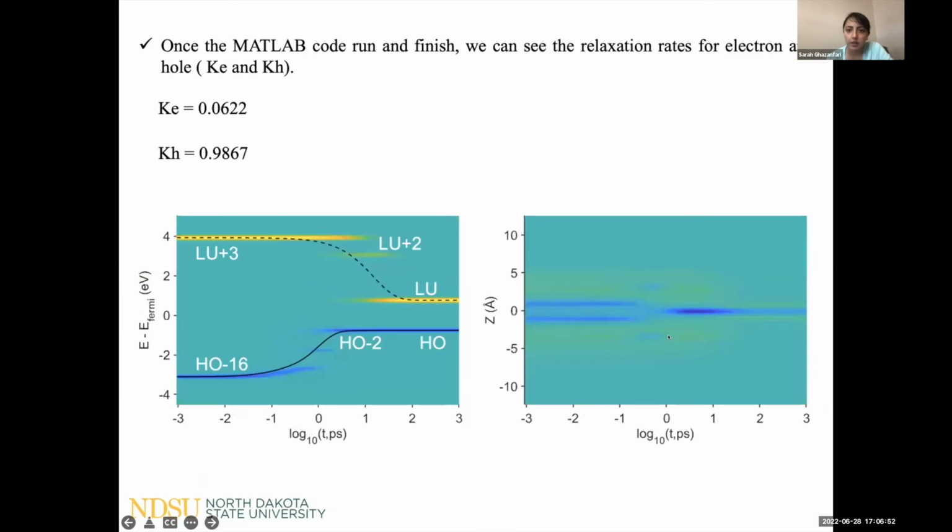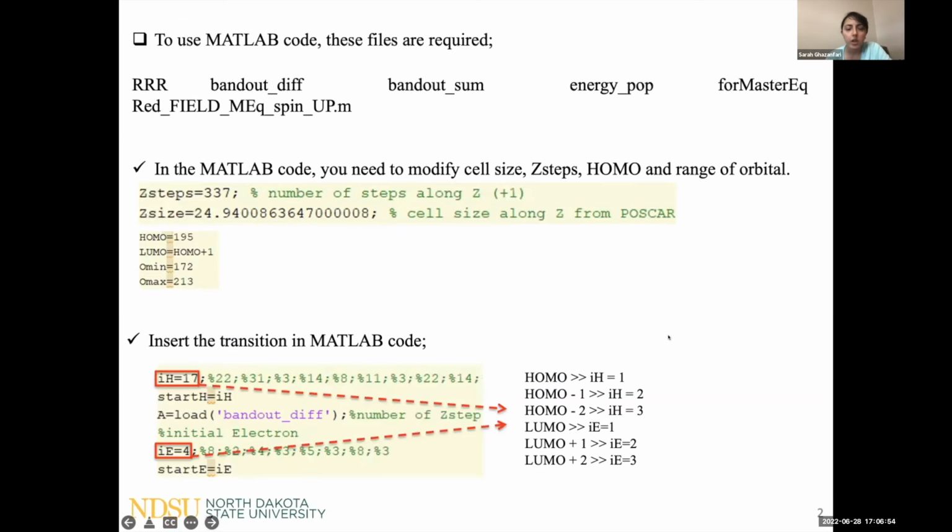As I talked about in previous weeks, in order to run this MATLAB code, we need some files, including the RRR file, bound out diff, bound out some energy pop, formaster, and absolutely the MATLAB code.